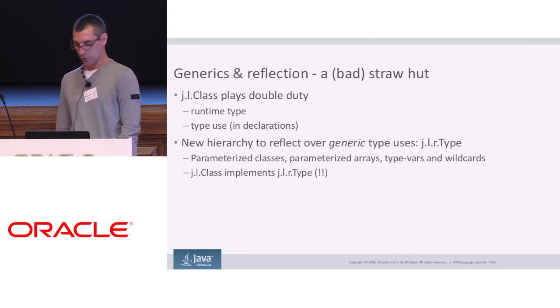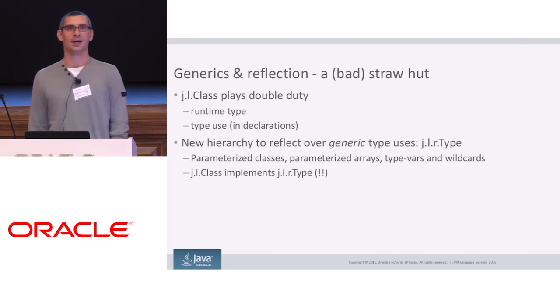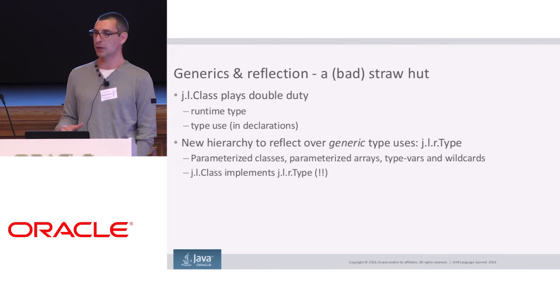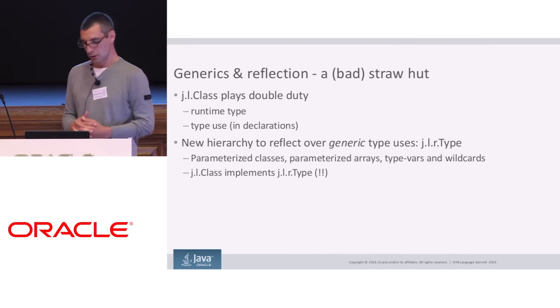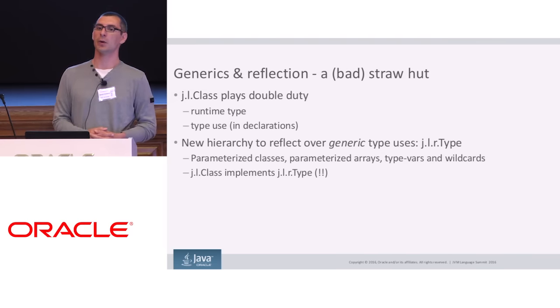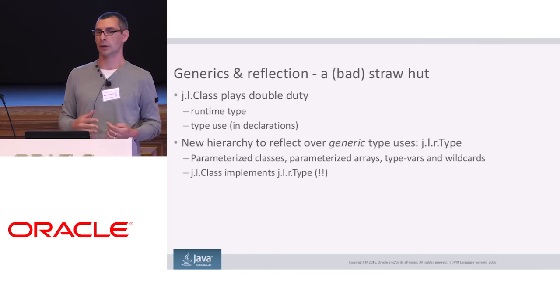But with reflection and generics, we are actually at a breakage point, because with generics, reflection is starting to do some weird things. Since reflection wants to expose the generic information that is available at the time of declaration, let's say that you have a generic superclass.